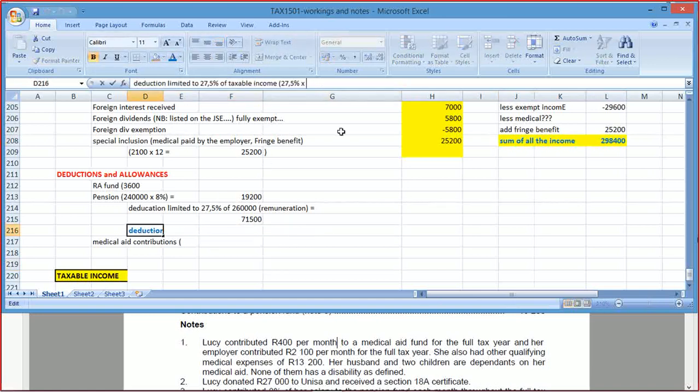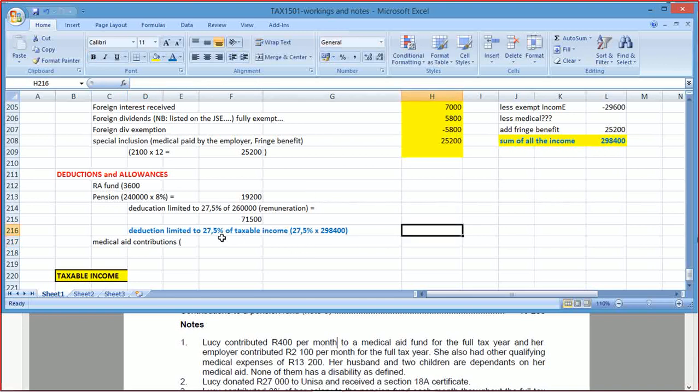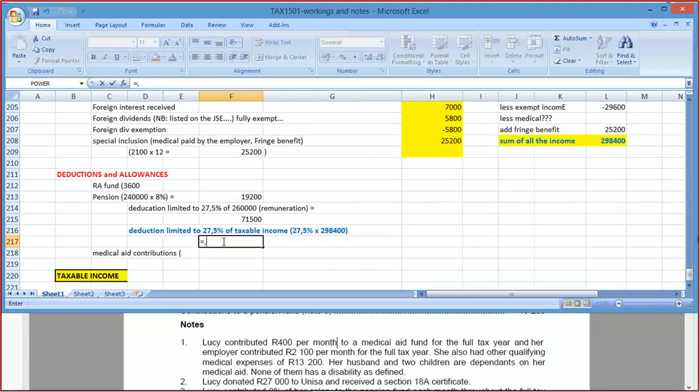So down here, what I didn't have, now I can sum this up. Let me make this blue. That amount is going to affect that. So her deduction is going to be limited to 27.5% of 298,400. How much is that?